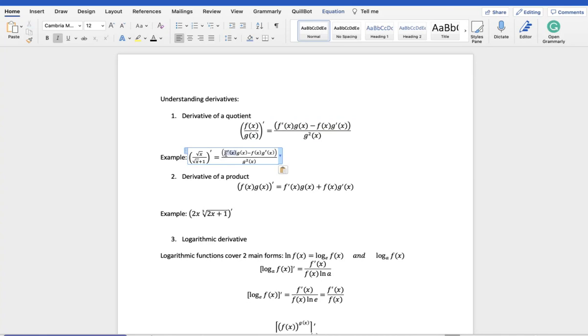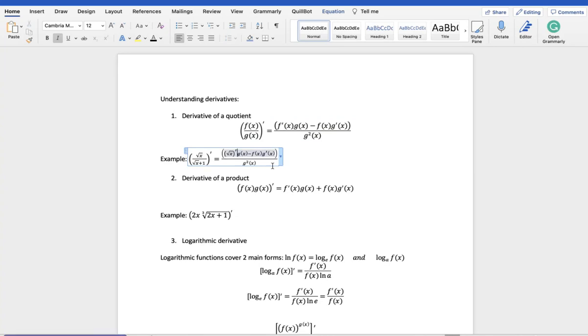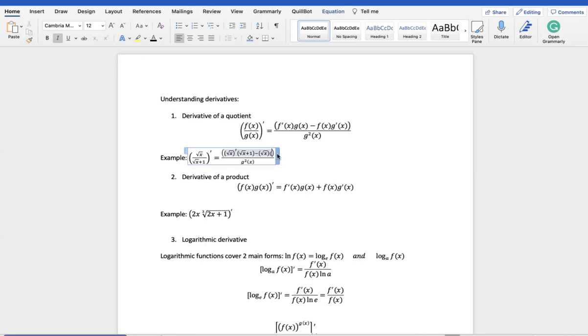So when you have the derivative of a quotient, if you apply that rule, then in the numerator we'll have the derivative of the square root of x, multiplied by our g of x, which in our case is just the square root of x plus 1, minus our f of x, which is just the square root of x, multiplied by the derivative of g of x, which is just the square root of x plus 1 derived, all divided by g of x squared, which is our square root of x plus 1 all squared.